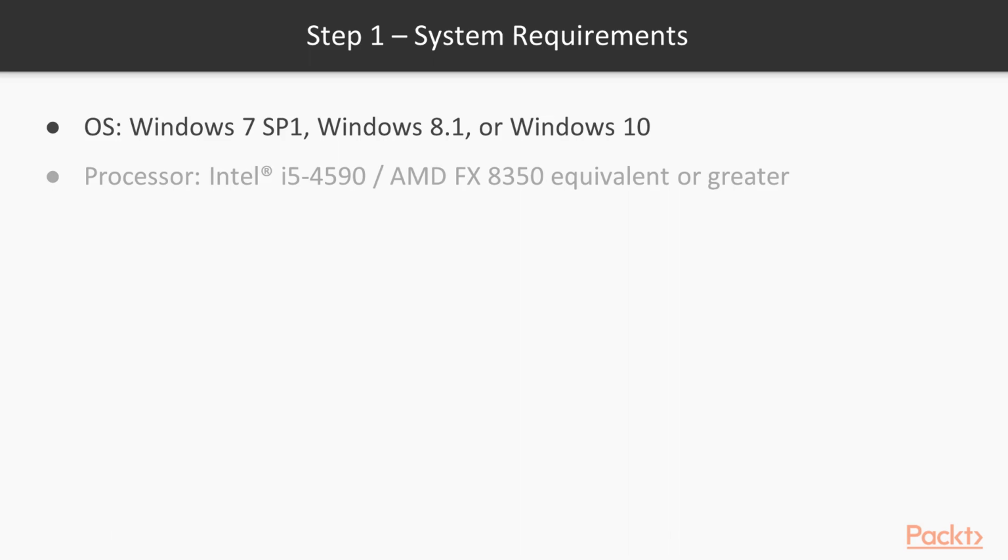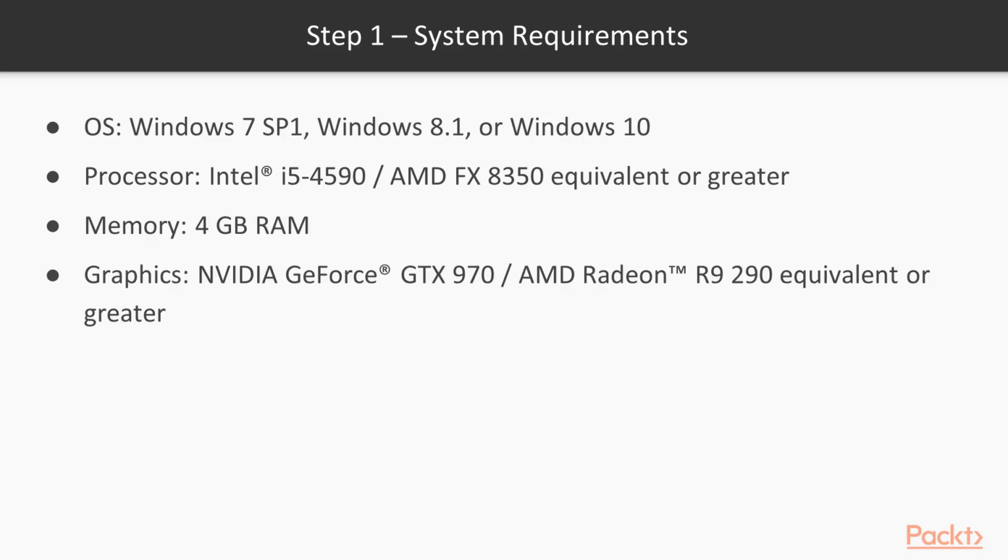It requires a minimum processor of type Intel i5 4590 or AMD FX 8350 equivalent or greater. Minimum memory required is 4 GB of RAM. And finally, we need an NVIDIA graphics card, which is GeForce GTX 970 or AMD Radeon R9 290 equivalent or greater.